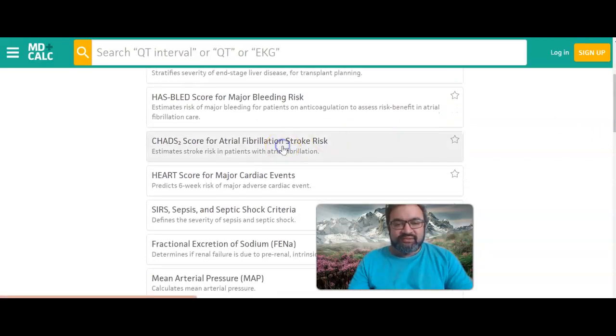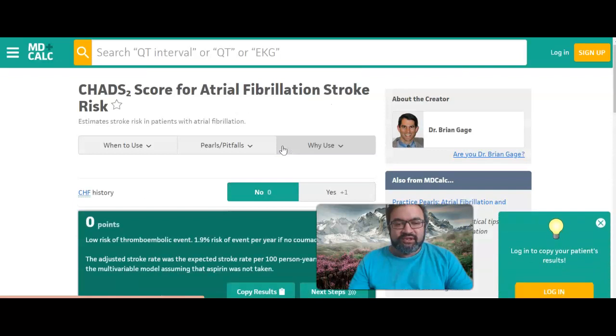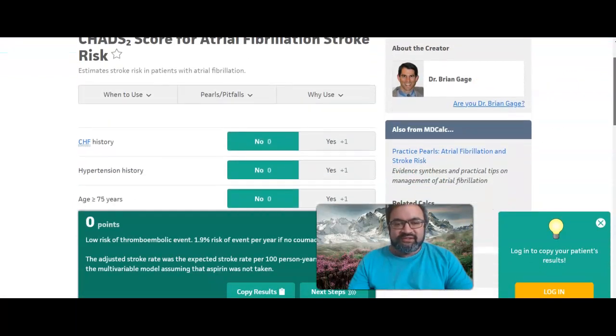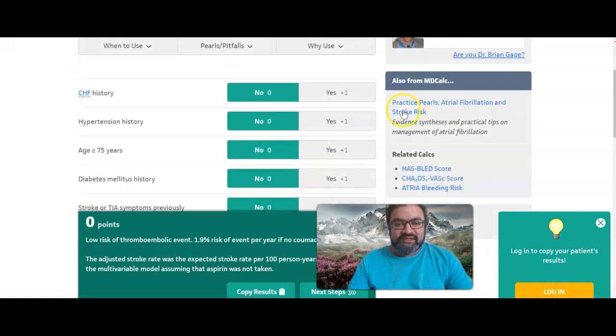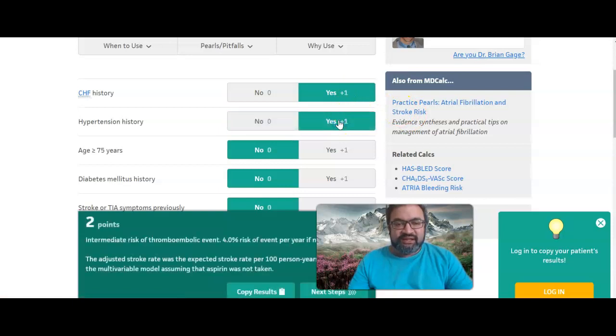And the CHADS2 score, if you want to look. Atrial fibrillation stroke risk. So CHF history, if there's congestive heart failure, hypertension history, age 65 maybe, diabetes mellitus history, yes.